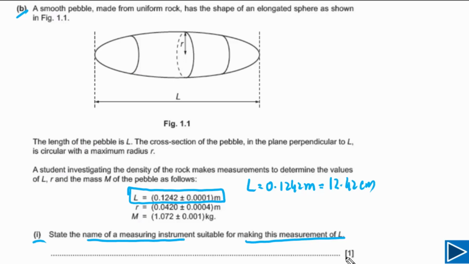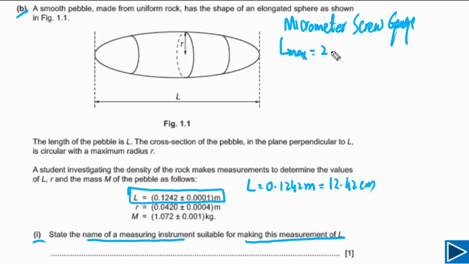Now let's try to understand different types of instrument. The first common instrument used in the lab is the micrometer screw gauge. We have to understand 2 points about this one. The first thing is the maximum length we can measure with it.